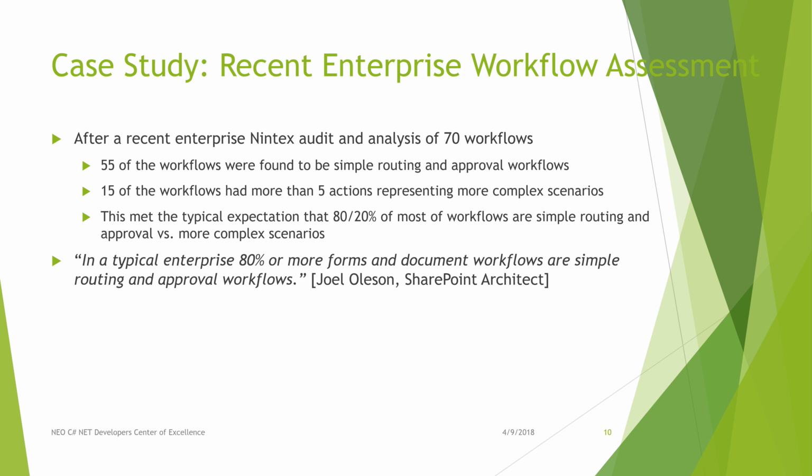So this met the company's expectation of the 80-20 rule that often applies to workflows, where 80% of the workflows are of the simple routing and approval variety. And to quote Joel Olson, a SharePoint architect involved with this project, in a typical enterprise, 80% or more of forms and document workflows are of the simple routing and approval variety.